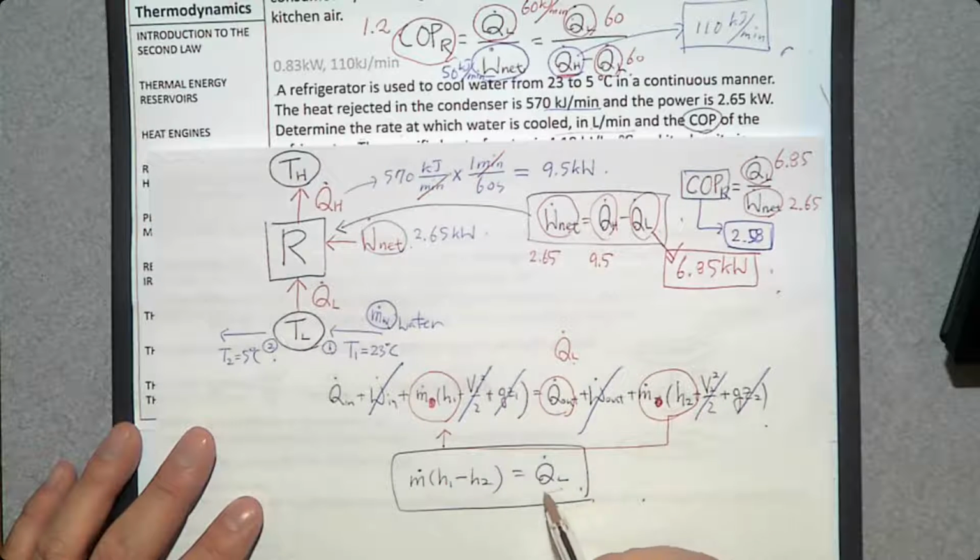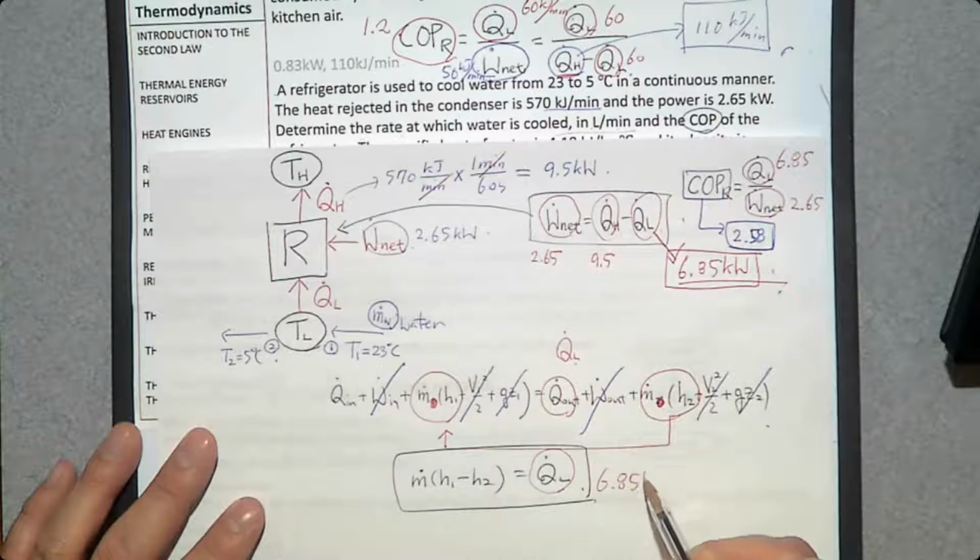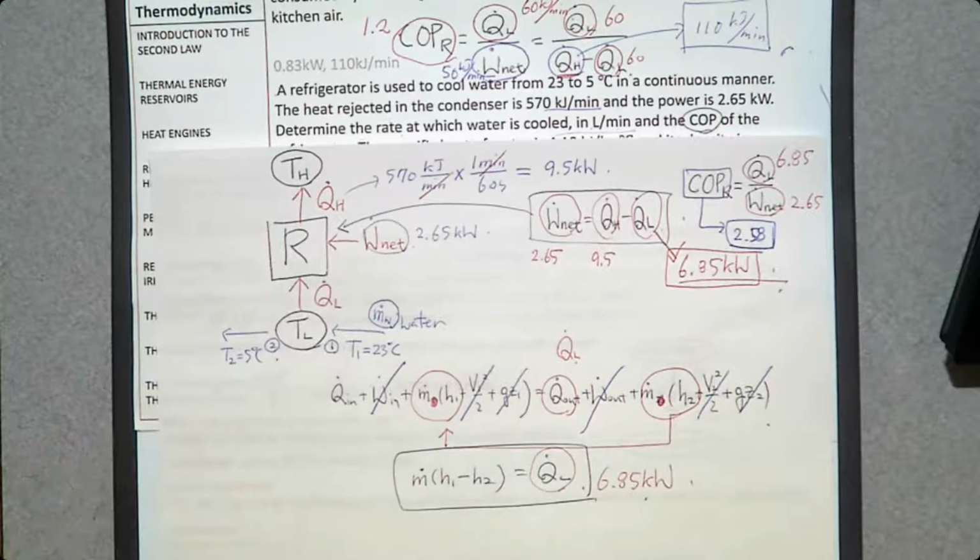Then we know Q dot L, 6.85 kilowatt. Can we determine h1 minus h2? It depends. Is there phase change between 23 degrees Celsius water and 5 degrees Celsius water? No. So can we assume that it's a pure liquid? Yes. How do you determine the change in specific enthalpy when you have a pure liquid?